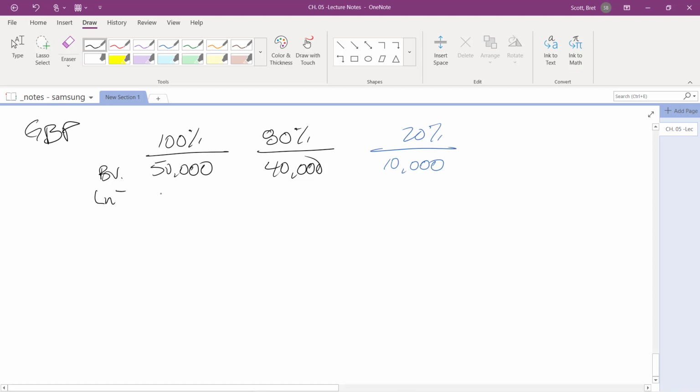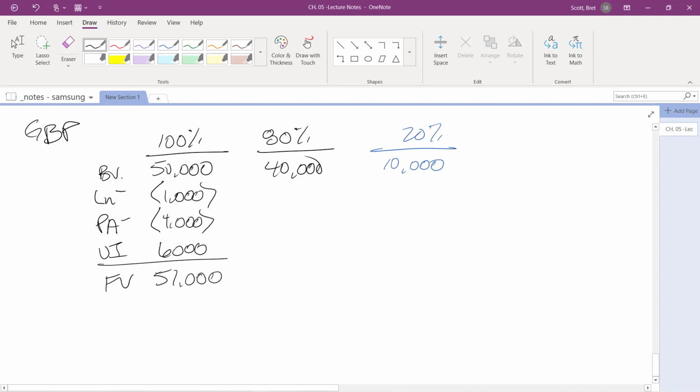Land has an adjustment downwards of 1 million. There's a plant asset adjustment downward of 4 million. And there are unreported intangibles of 6 million. So the total fair value of the company in this case is 51. Not a whole lot above their book value.